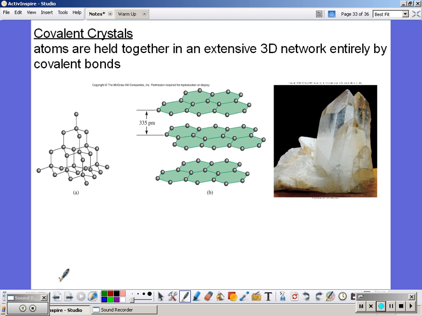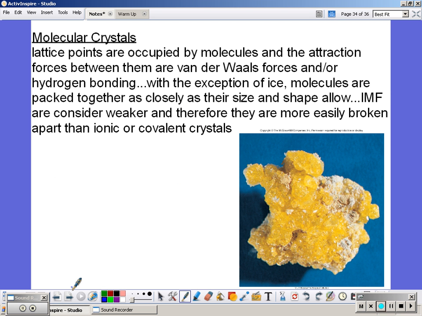Molecular crystals have lattice points made by molecules, and the attractive forces between them are van der Waals and/or hydrogen bonding. With the exception of ice, molecules are packed tightly as their size and shape allow. Ice is different because of the number of hydrogen bonds allowed by the water.